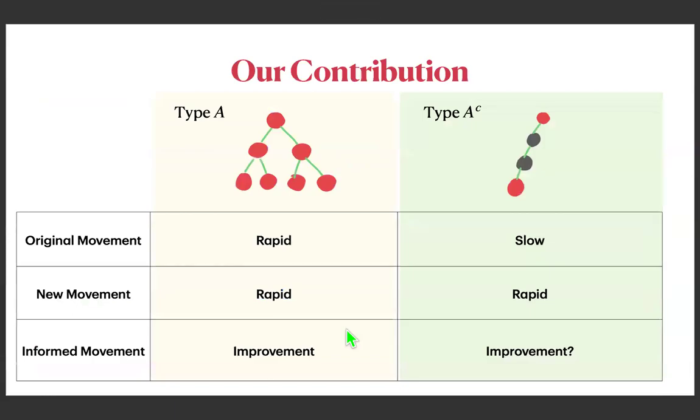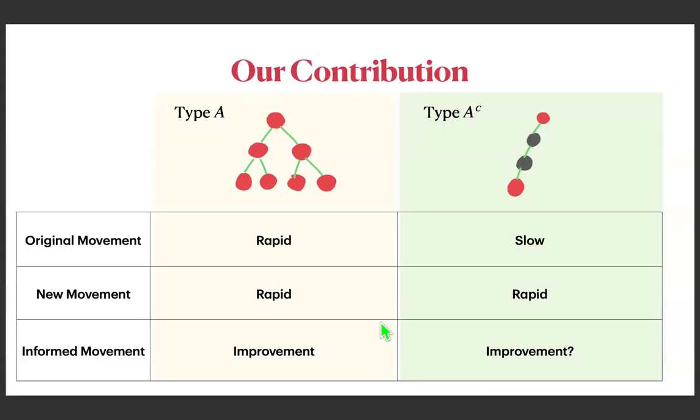So let me first summarize our contribution in this work. We divide the data structure into two exclusive but comprehensive types. For one type, the original Bayesian CART can mix very rapidly, while on the other data type, it can be slow. So in order to overcome this dependence on the data structure, we will propose a new movement, and we will establish a rapid mixing rate for both data structures.